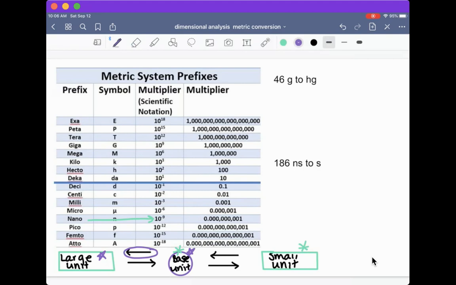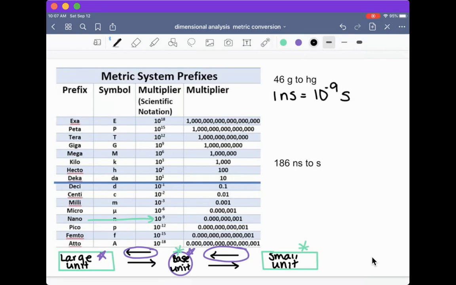So we're going to go in this direction, and we only need 1 arrow because it puts me in the base unit of seconds. So 1 unit, 1 equality. My equality here: for every 1 nanosecond, there are 10 to the negative 9 seconds.